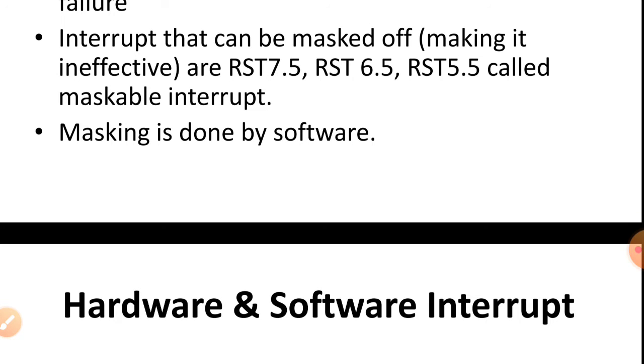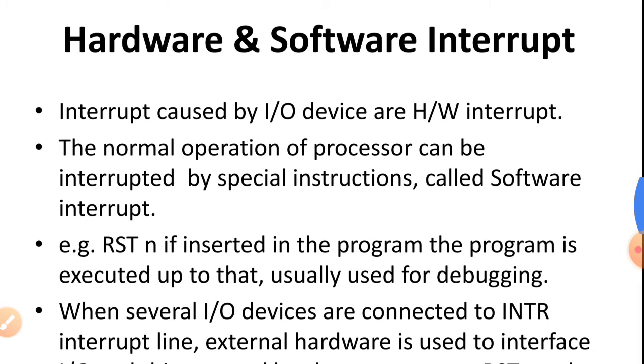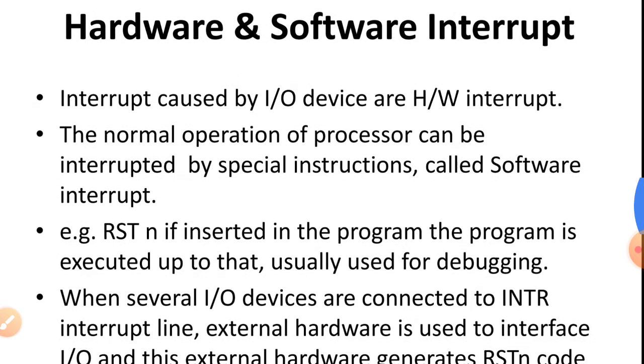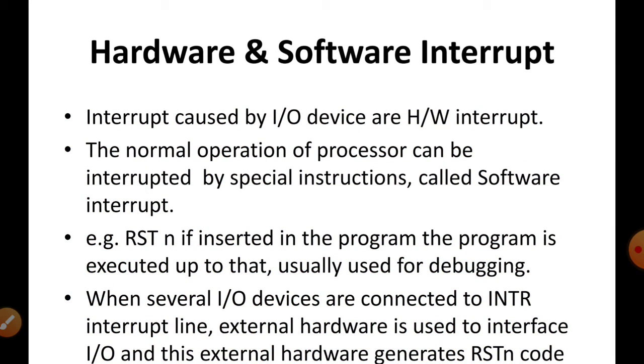This can be done with the help of a program, by writing a program or using a certain instruction which allows us to mask certain interrupt lines. Now, there are two kinds of interrupt: hardware interrupt and software interrupt. A hardware interrupt is one caused by a hardware device, meaning any line through which the processor is being interrupted.